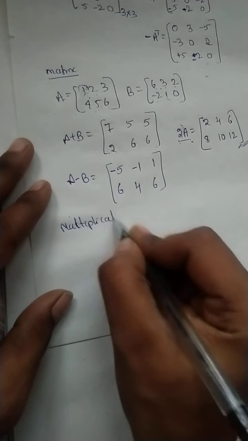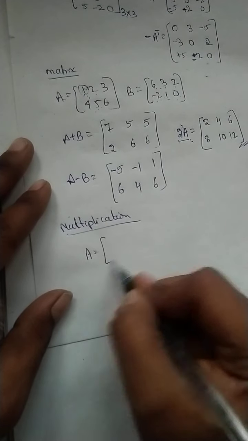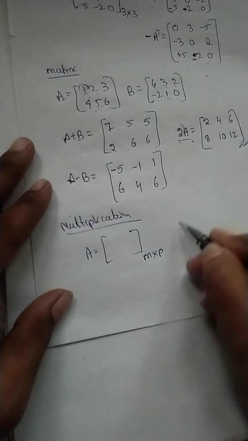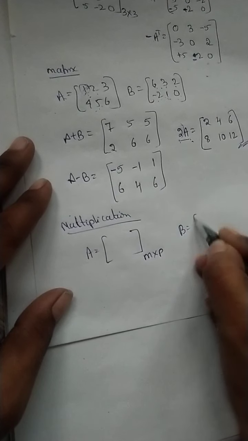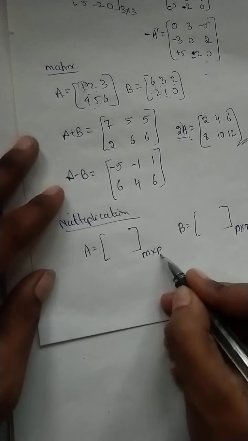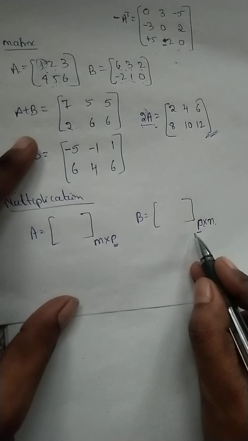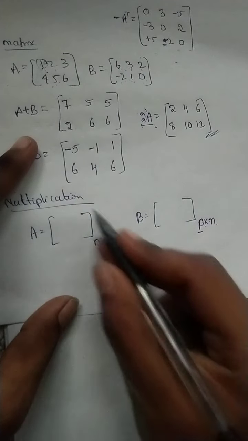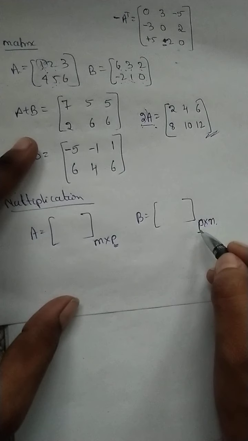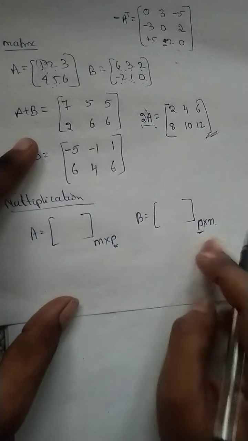So consider A is a matrix of order M cross P and B is a matrix of order P cross N. Here the P should match to multiply, meaning the first matrix's column count should match the second matrix's row count. Okay, so that is the condition for multiplication.